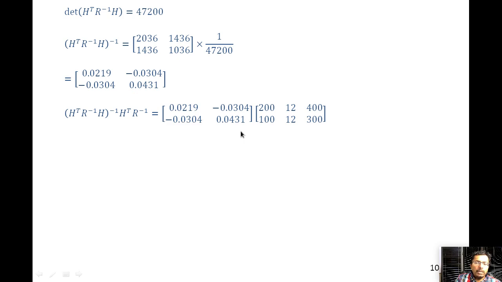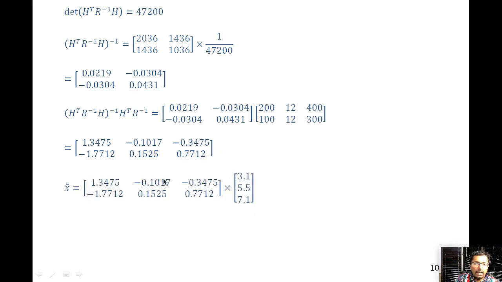We multiply this out, and then we get 1.3475, minus 0.1017, minus 0.3475, and then minus 1.7712, and then 0.1525, 0.7712. And then we multiply this by y's, multiply this out, and then we get x to be 1.1508 and 0.8237.